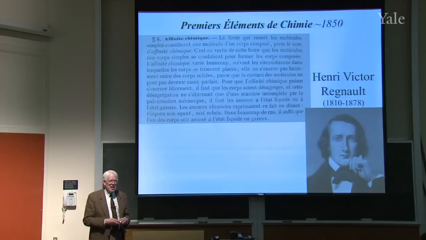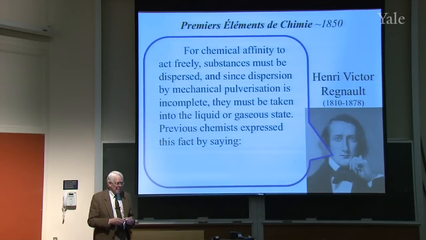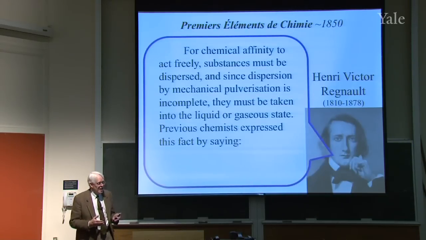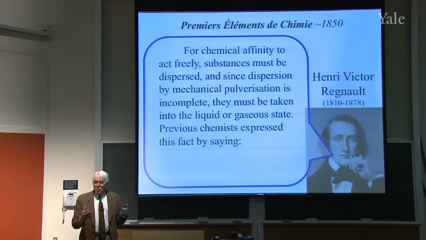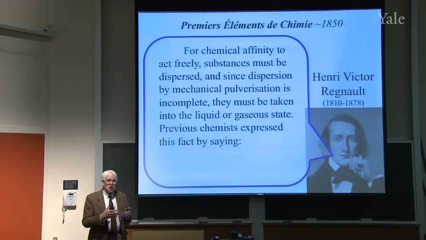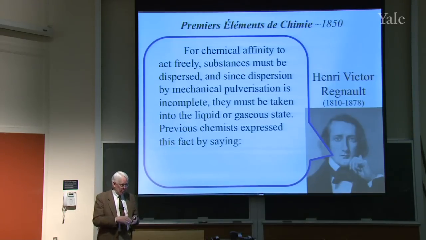Now in 1850 he wrote a book, The First Elements of Chemistry, and there's one passage about chemical affinity that I think is worth looking at. He says, for chemical affinity to act freely, substances must be dispersed. Of course, this was before bonds or anything, but they knew you don't just mix solids together, you have to disperse them, and you can't just grind them, right?